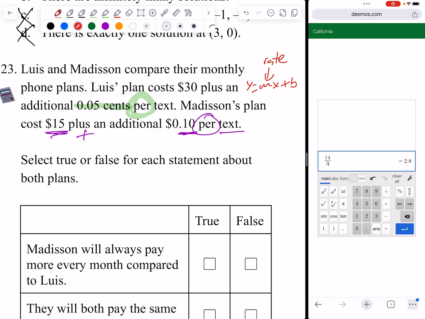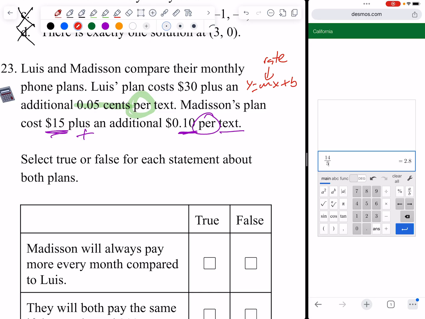So I'm going to write two equations just really quick. For Luis, it was green, so I'll do it in green: $30 plus 0.05 per text, so that's t instead of x, same thing. And then for Madison, I got y equals $15 plus 10 cents per text.